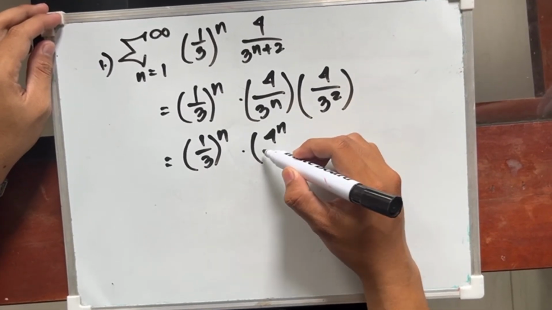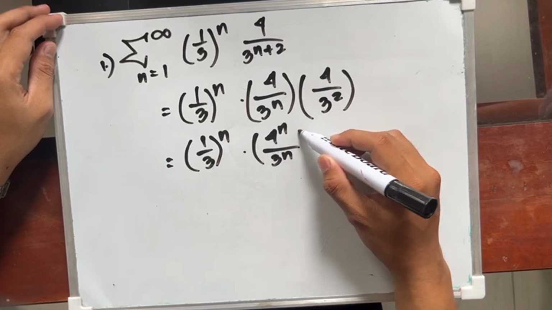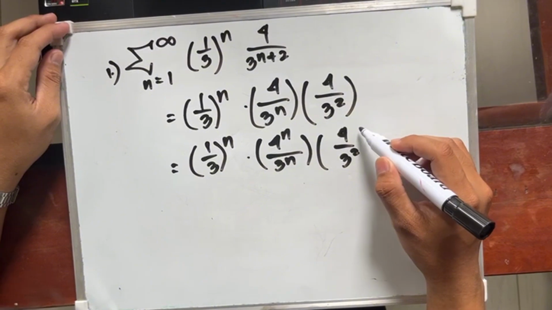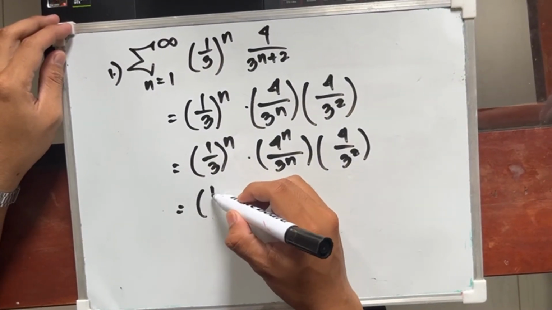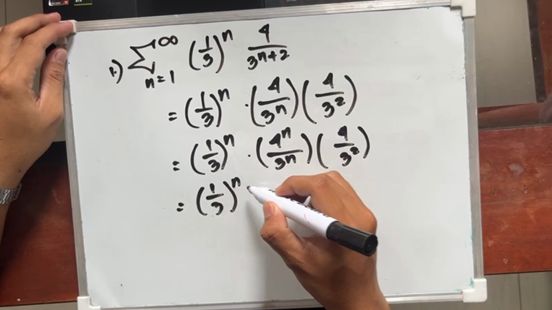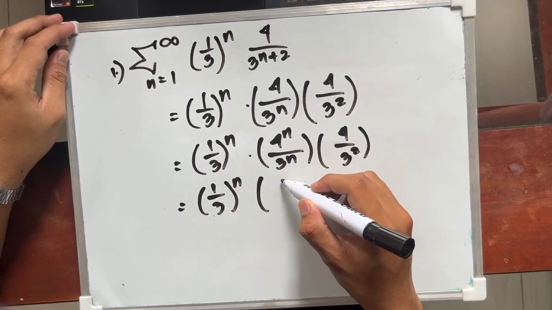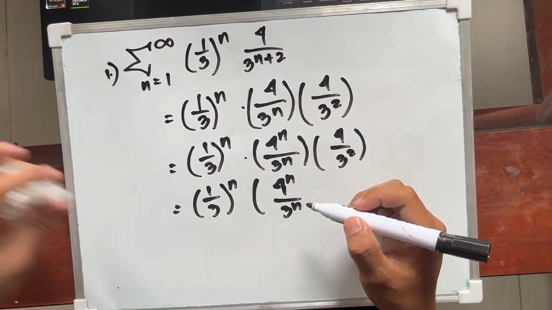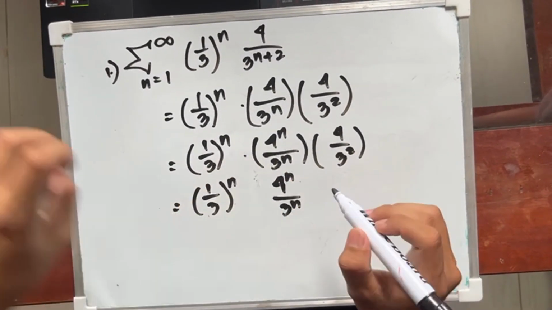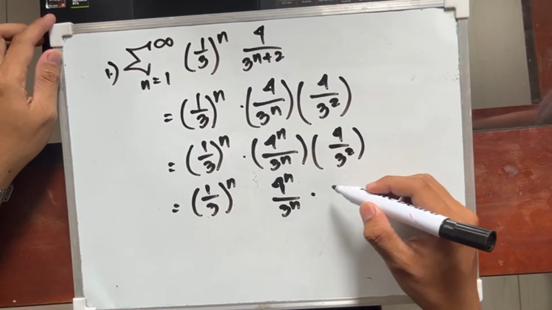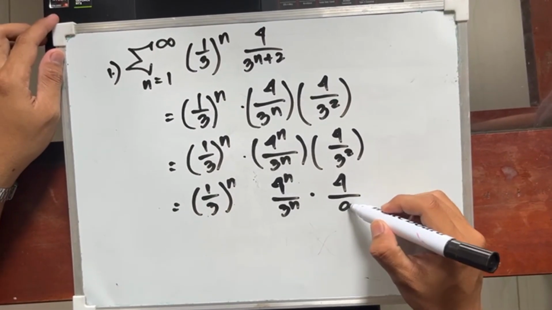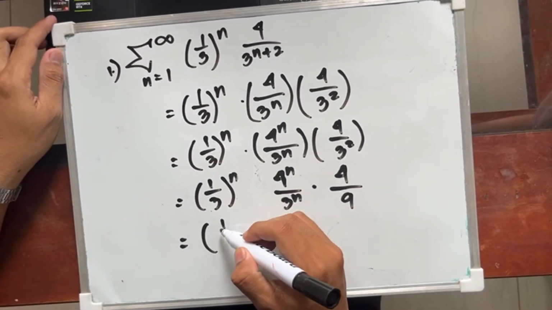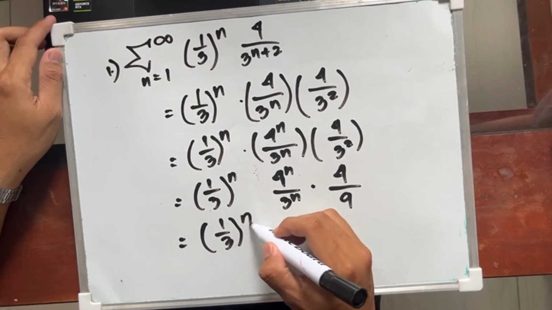We factor out the n and solve the 3 squared. Copy again 1/3. So let's factor out the n. So we times the 3 squared equals 9.